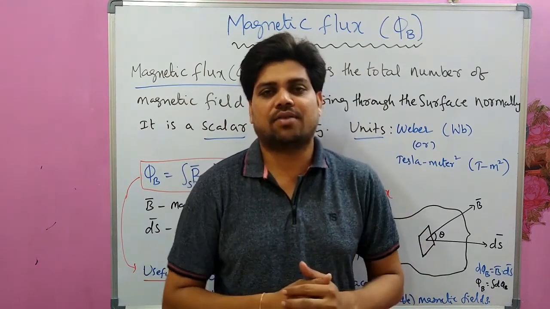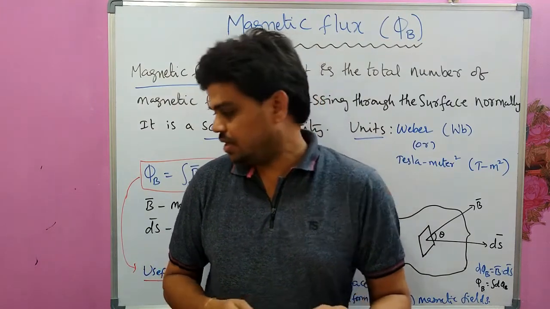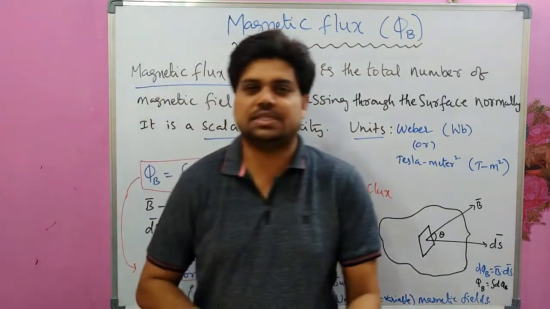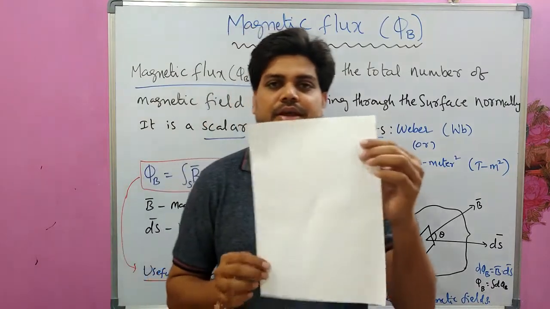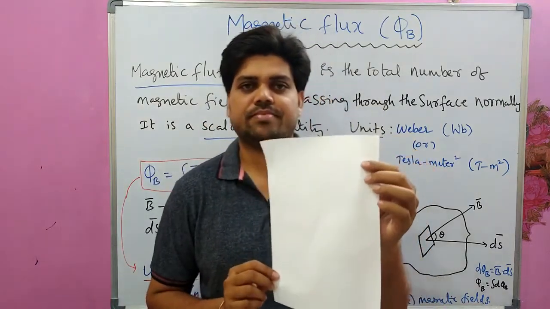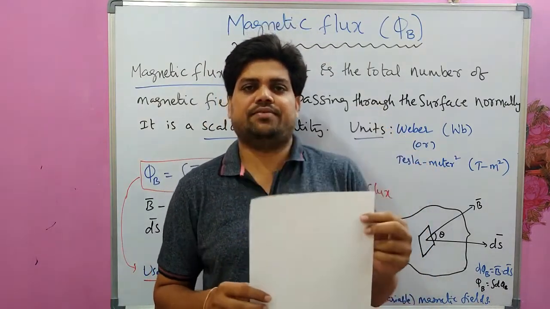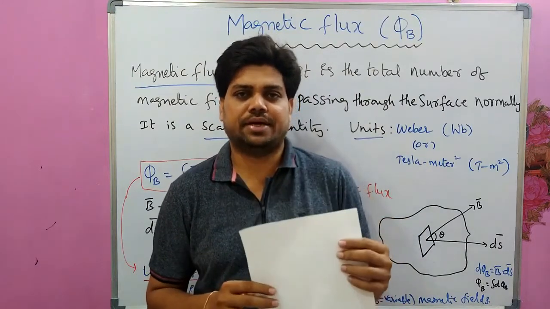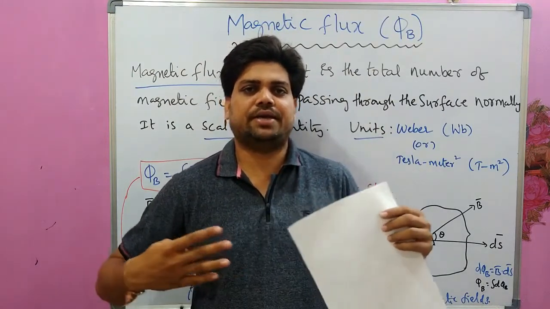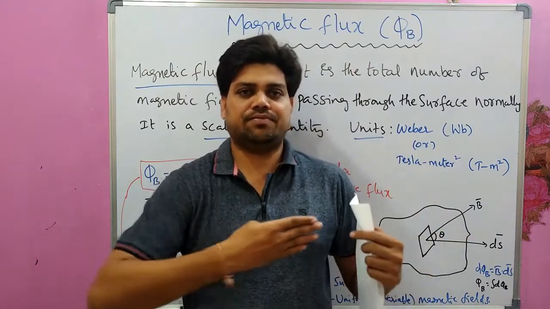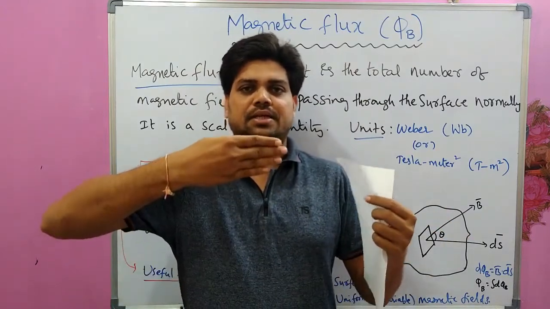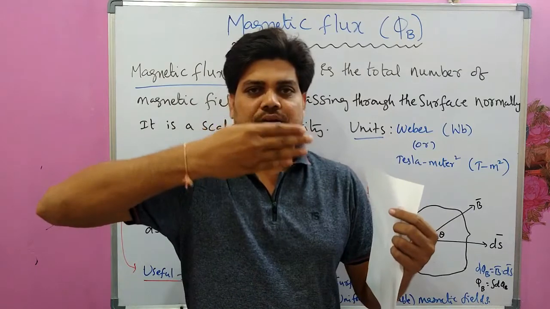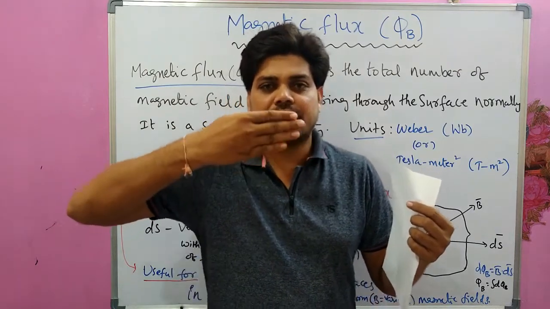That is magnetic flux. Let me take for example, if this is a surface, rectangular in shape, placed in magnetic field. For example, magnetic field direction is towards my left, and imagine that these my four fingers represent the magnetic field lines.